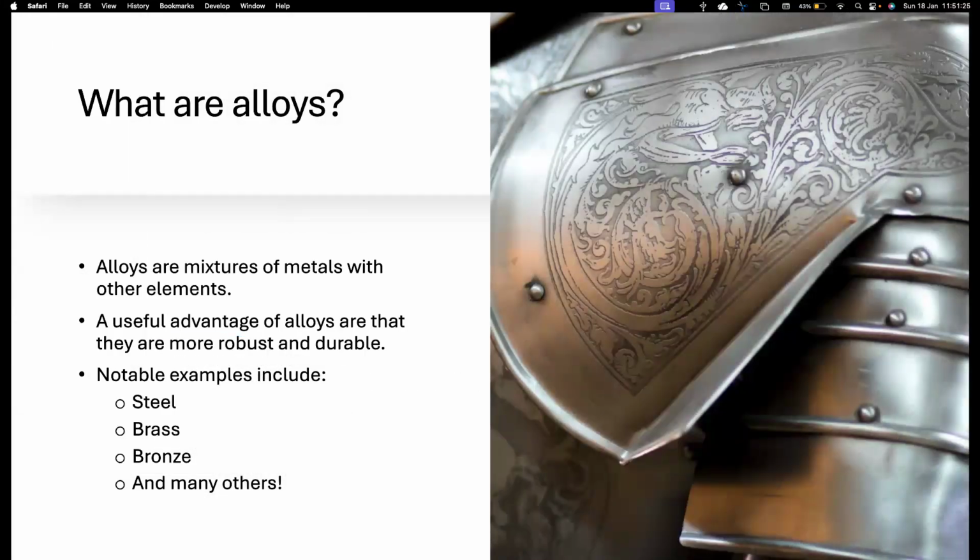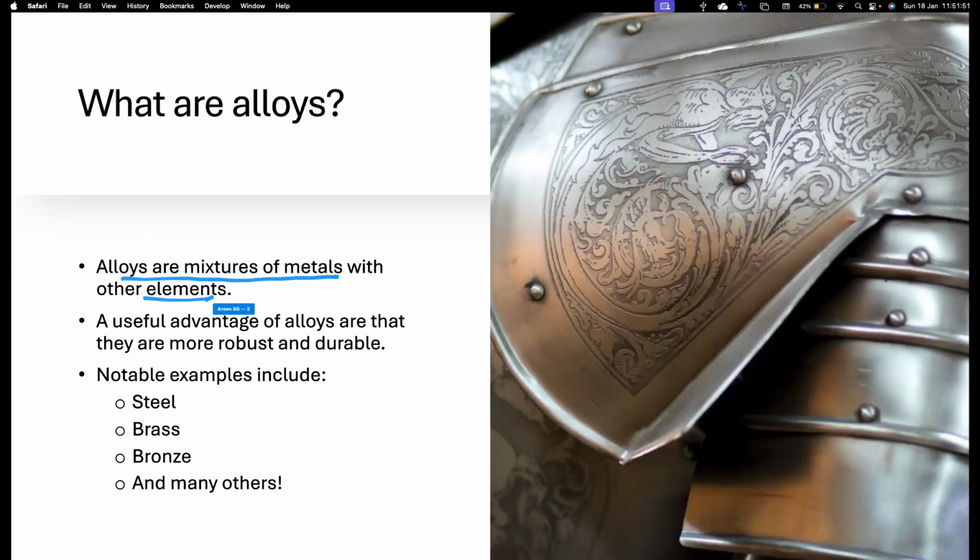So, what are alloys? An alloy is a mixture of a metal with one or more other elements. These elements can be metals or non-metals. Alloys are deliberately made to improve the properties of the original metal. These are some examples of alloys.